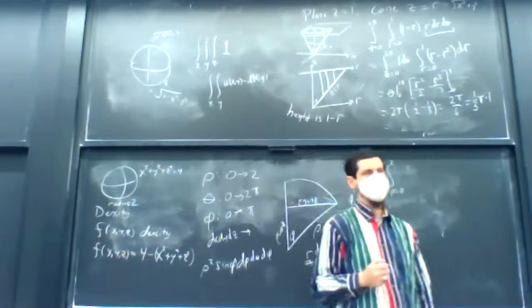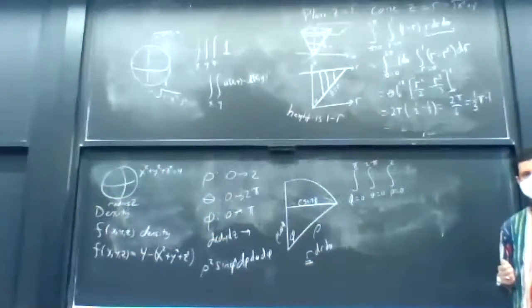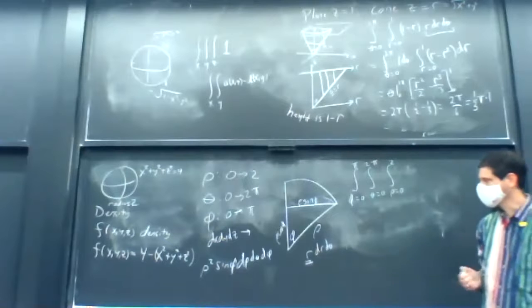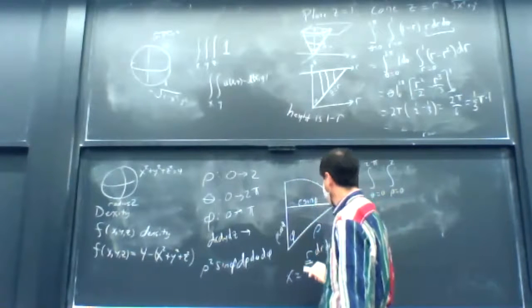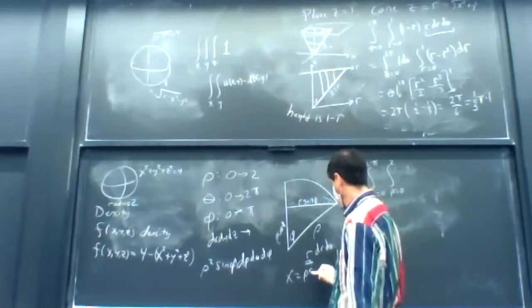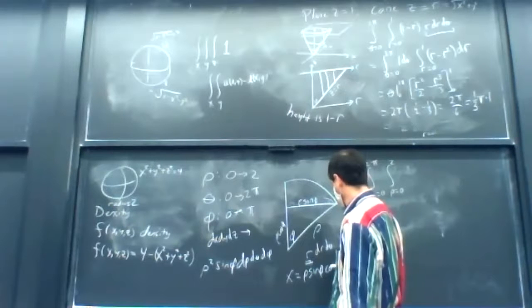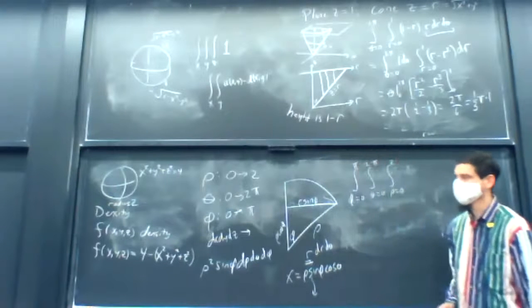You have to remember what is x, what is y, what is z. So if I start writing down, you would get x is going to be rho sine phi cosine theta, and all the other stuff.